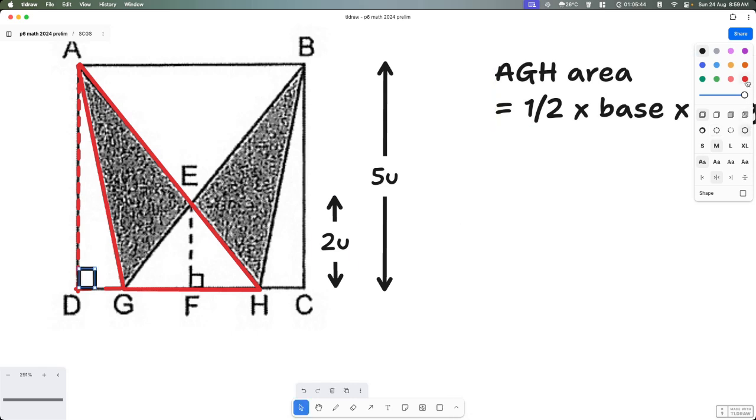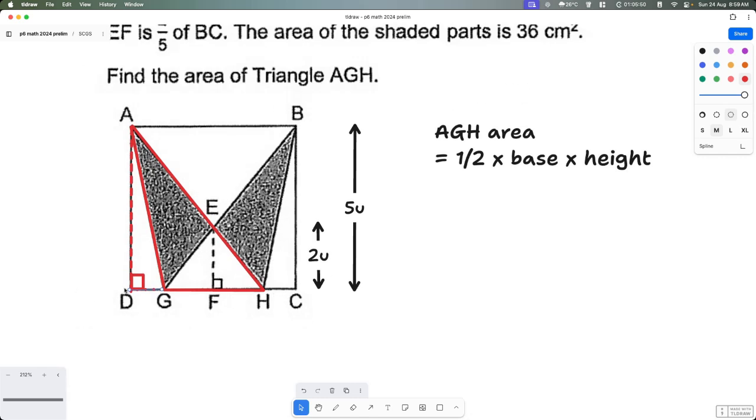So for AGH, the area is half times base times height. The base is GH, and the height is AD.